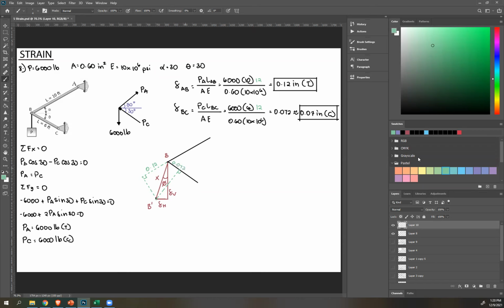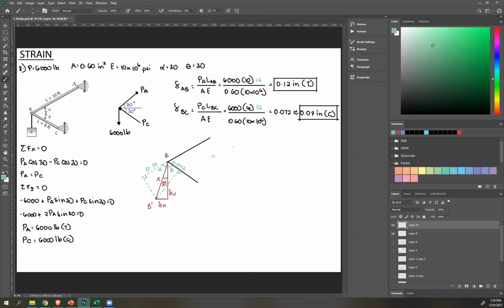Now I need to get the value of x and phi to solve for delta V, delta H. So in order to do that, let's figure out these angles first. I'll call this alpha, I'll call this beta. Okay, and then we can isolate that.